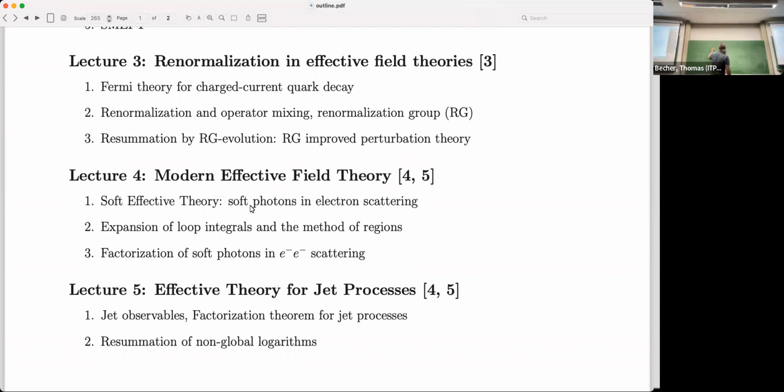The motto will be something that a colleague of mine always says at the beginning of his lectures: it's better to uncover a little than to cover a lot. So I'm happy to adapt. If you say at one point that this wasn't clear, or we should do this or that, then we'll just change. In the best of all worlds, you'll ask so many questions that we never make it to lecture 5, which will be perfectly fine.